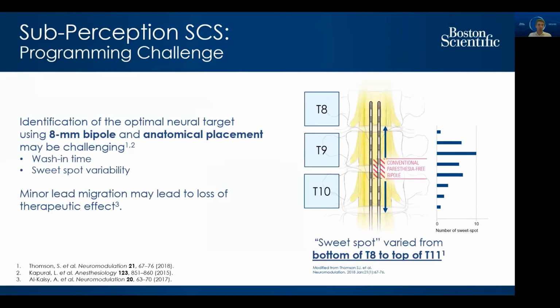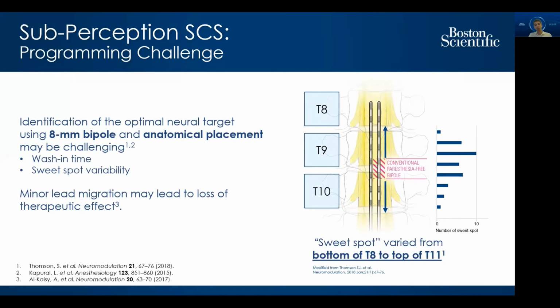The first one is probably more practical. When working in sub-perception, we observe that the therapy initiation can be challenging. In the PROCO study, for example, where a conventional 8mm bipole was used, which is a focal electrode configuration, it was observed that the optimal bipole placement could vary pretty broadly from the bottom of T8 to the top of T11 to treat low back and leg pain.